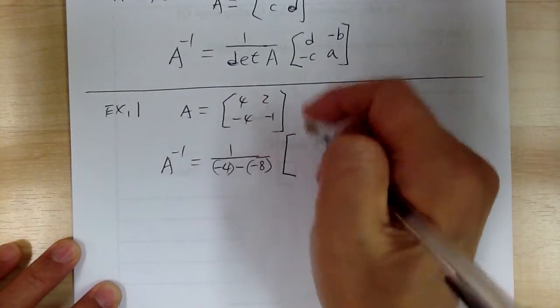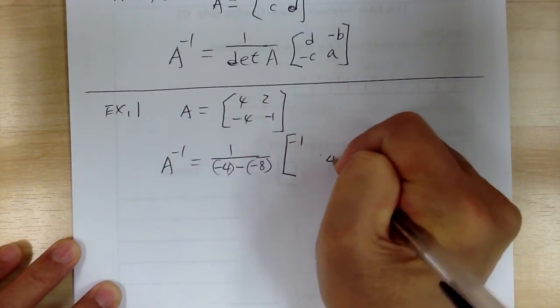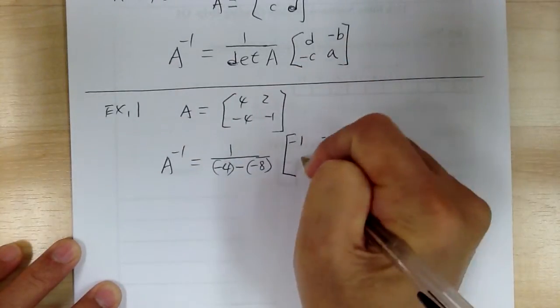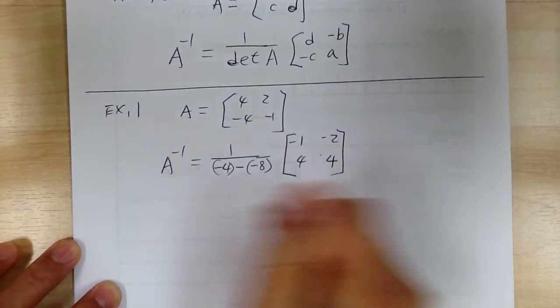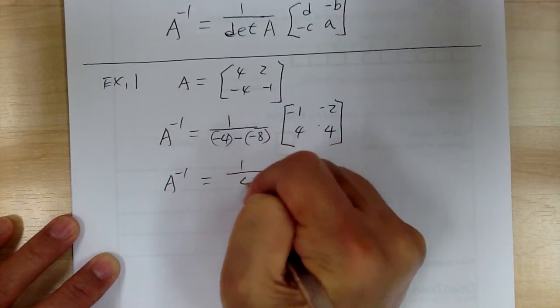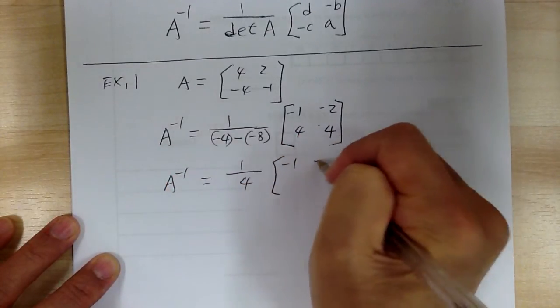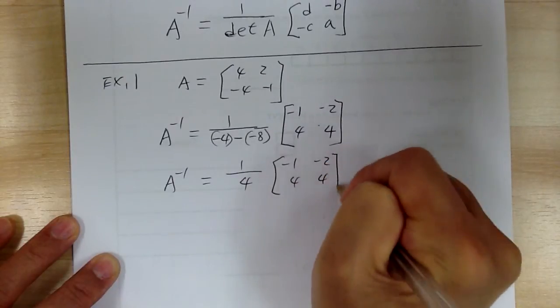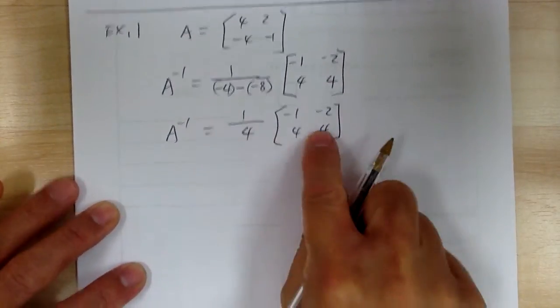Then you switch the numbers and make the other diagonal opposite, and then you work it out. So the inverse will equal 1 over 4 times [negative 1, negative 2; 4, 4]. Again, work this out first, and then you multiply.